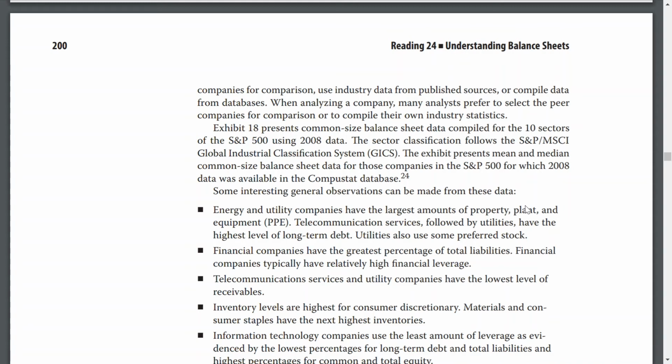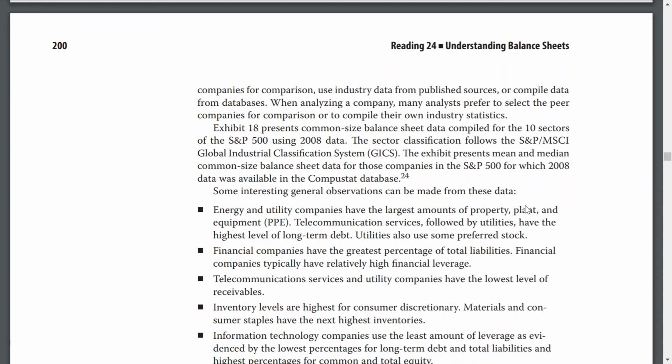When analyzing a company, many analysts prefer to select the peer companies for comparisons, or to compile their own industry statistics. Exhibit 18 presents common size balance sheet data compiled for the 10 sectors of the S&P 500 using 2008 data. The sector classification follows the S&P/MSCI Global Industry Classification System, the GICS.